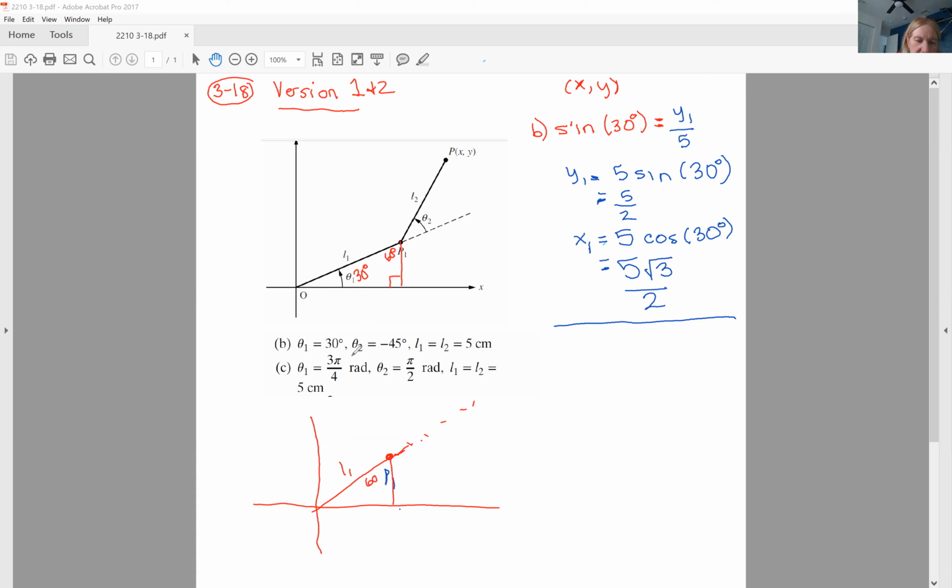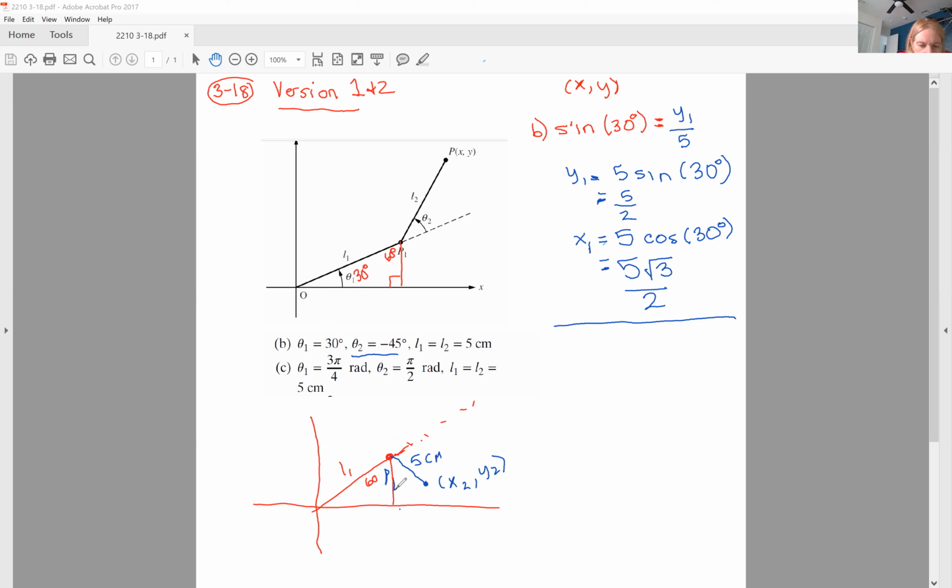Because theta 2 is going negative 45 degrees, it's actually coming down this way. We don't know to where. That's what we're trying to find, is this X. I'm going to call this X2, comma, Y2. And wherever that lands after I go down, I already know this is still 5 centimeters.